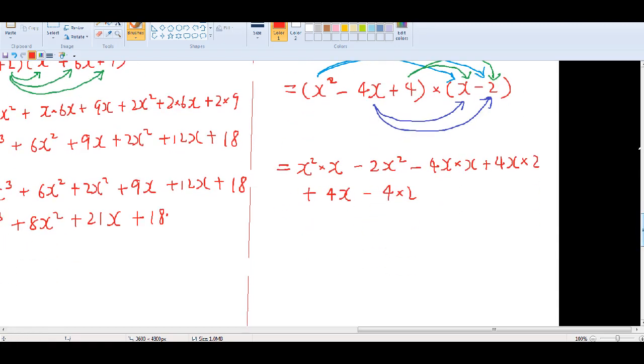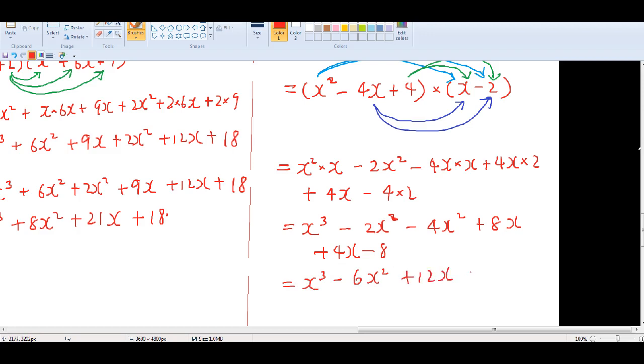So lots of traps. You need to be really careful. For some students, this part might be the most difficult part, to get all the brackets correct. But you need to take the challenge. Minus 6x squared, plus 4x, plus 4x, 12x, minus 8. Alright, so that's how we do a cubic one.